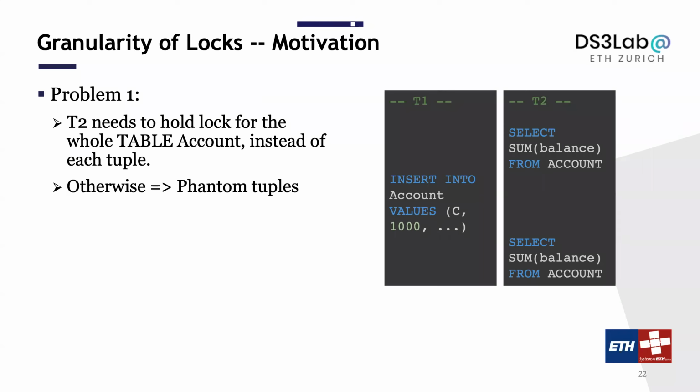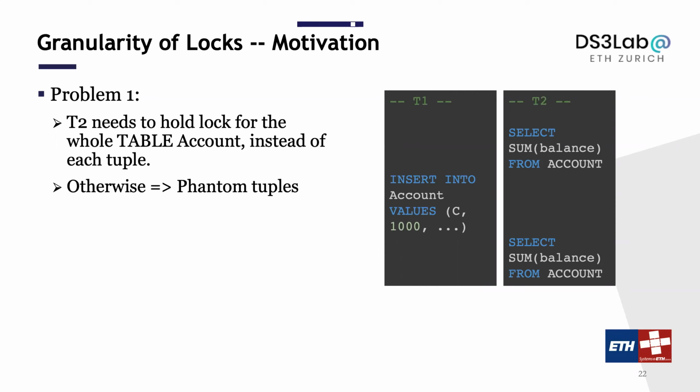Okay, granularity of locks. Let's look at two motivating examples. Here's problem number one. If you look at these two transactions, you have T1 and T2. For T1, you insert some tuples into this table, and for T2, you are running essentially two aggregation queries.